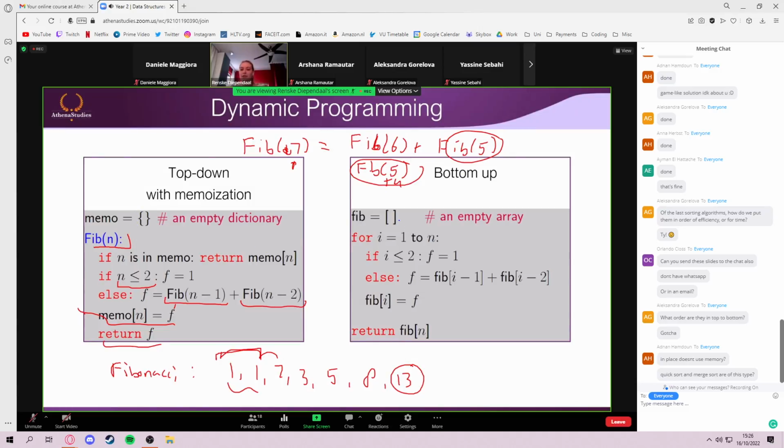And then for bottom up, you basically start with an empty array, what we have over here. It starts at i is 1, and then it goes up to n. It calculates i1, then i2, i3, i4, etc. So it really starts from the smallest problem, and it also saves the value. Does that make sense? The difference between these two?